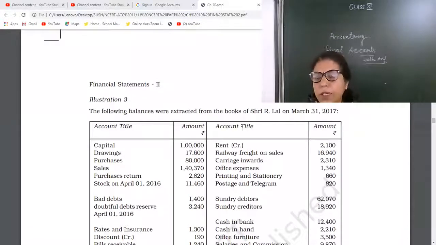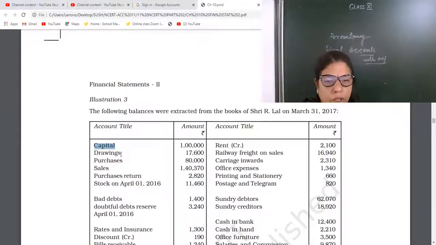One by one, as I gave you the easy trick, just mark in front of every item where to show it. Like one by one, capital. Where to show capital? Liability side of balance sheet.